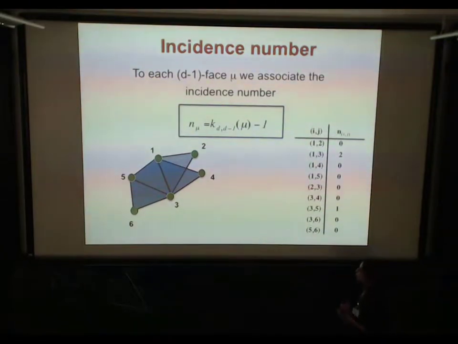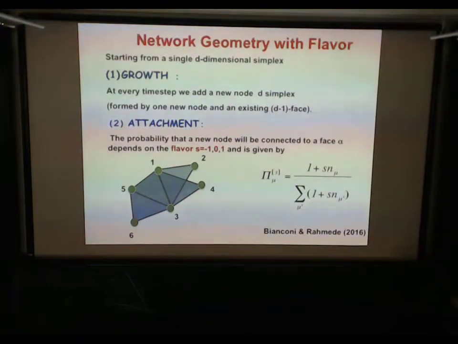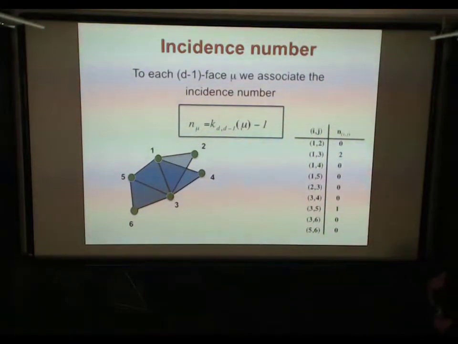So in this case, for links, we use the generalized degree minus 1. And one can see that the constraint to have a manifold is that this incidence number should be at most 2. So for example, in d equal to 2, every link should be connected to at most 2 triangles. Or in d equal to 3, every triangle should be incident to at most 2 tetrahedra.